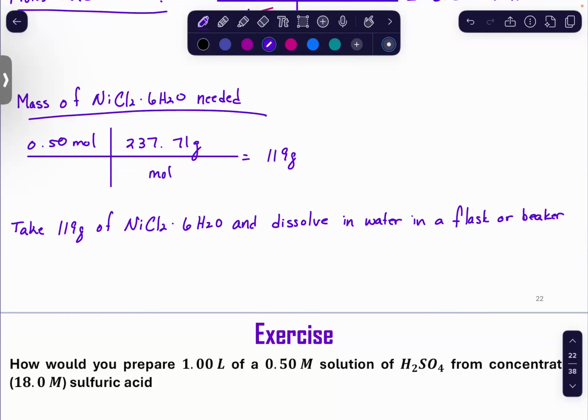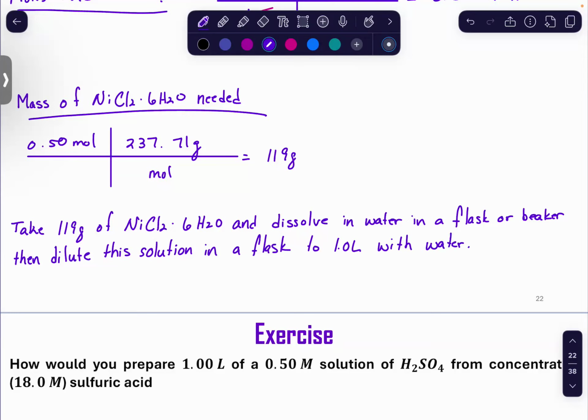Then if it's already in the flask, that's fine. If it's in a beaker, you need to transfer it to a flask. And then you're going to dilute this solution. And so that's how you prepare it.